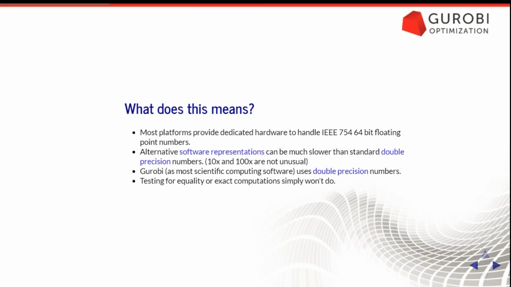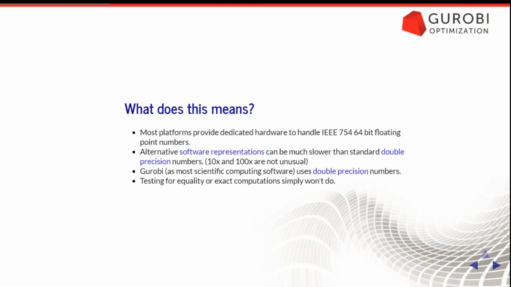And this hardware is really, really key to get good performance. Using the hardware-based floating point numbers is 10, 100, and sometimes even 1,000 times faster than using any of the standard extended precisions around there. So if you really care about performance, you should deal with these numbers and their limits.